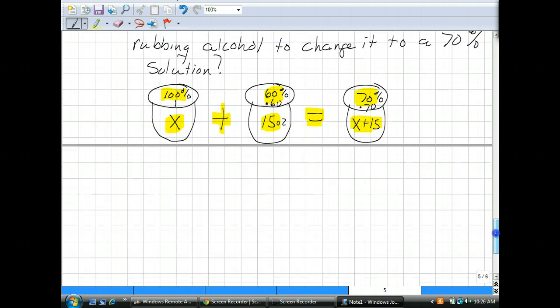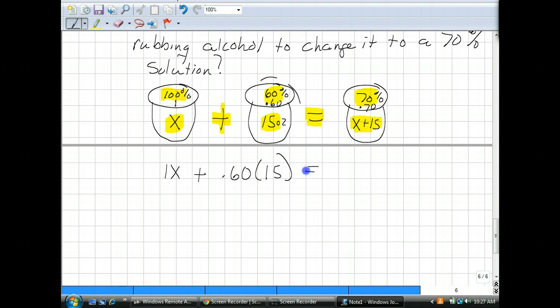Then we set up our equation. So multiplying these two together, I get 1x, plus multiplying this together, I get 0.60 times 15 equals 0.70 times x plus 15. Now this is a fractional coefficient because these decimals could be written as fractions.